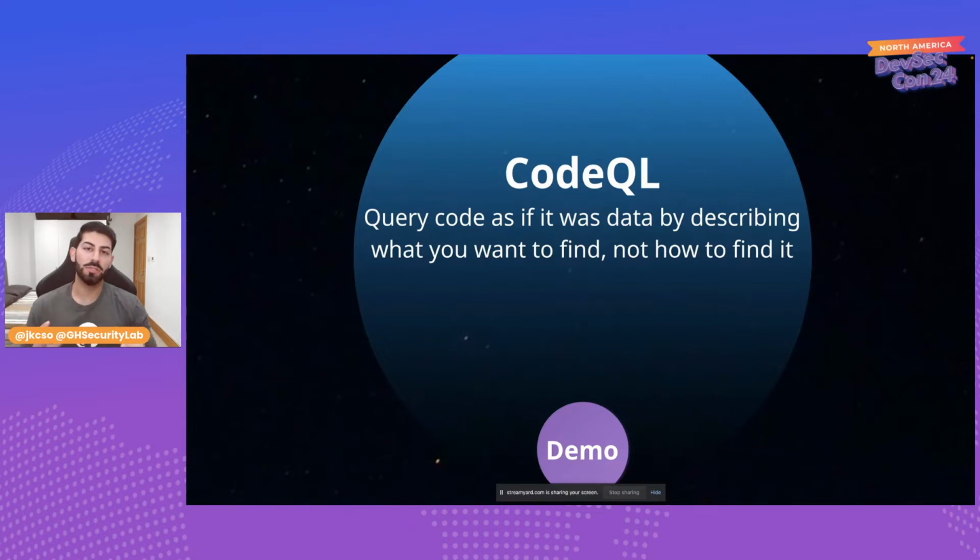The way that it works behind the scenes is by transforming your code into an abstract syntax tree so that it creates a relational database that can be queried in a way that is very flexible for you. And to add on flexibility, CodeQL is an object-oriented language, which is a bit strange because it looks like SQL in the demo that we are going to see together.